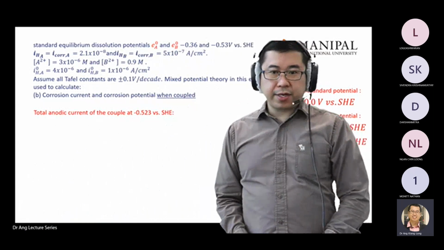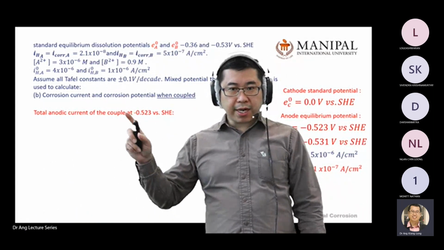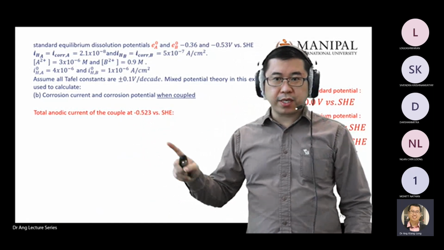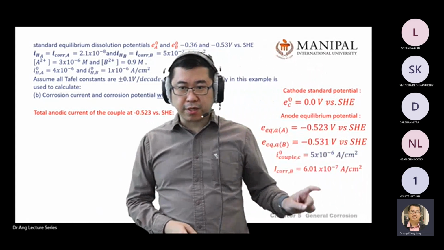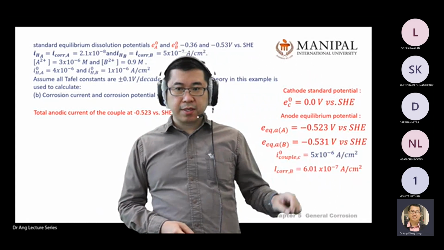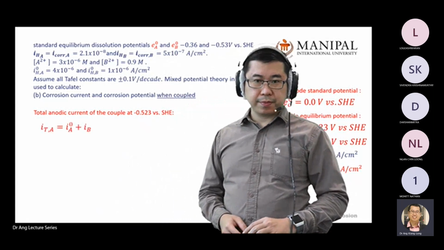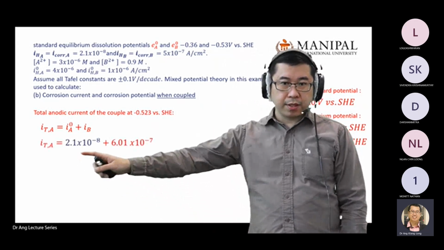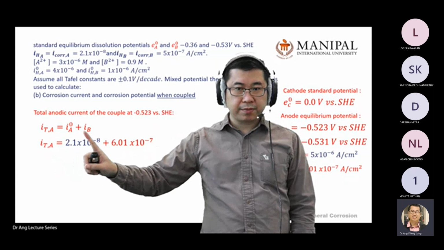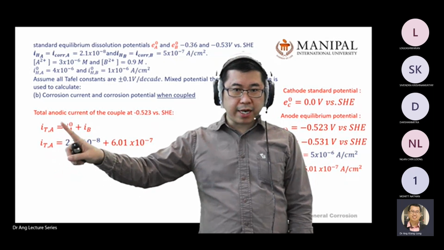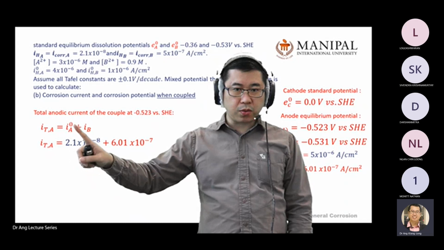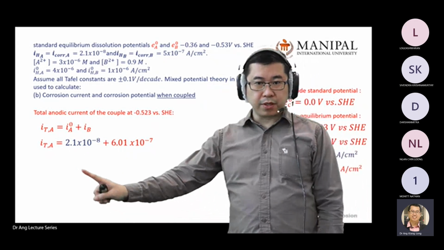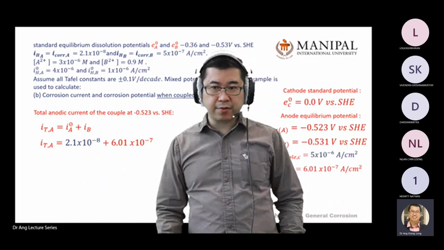And total anodic current coupled at minus 0.23. It is this one. So you can use this equation. I total of A, total anodic current for A equal to I naught A plus I naught B. You already calculated I naught A just now.